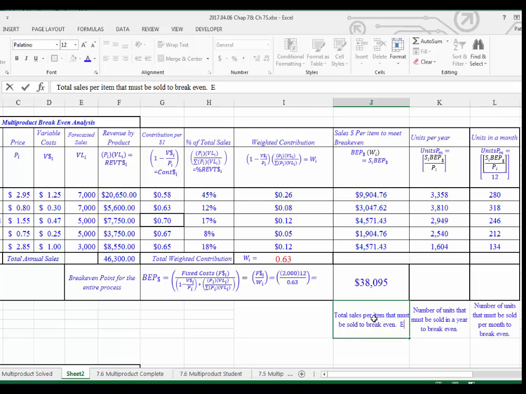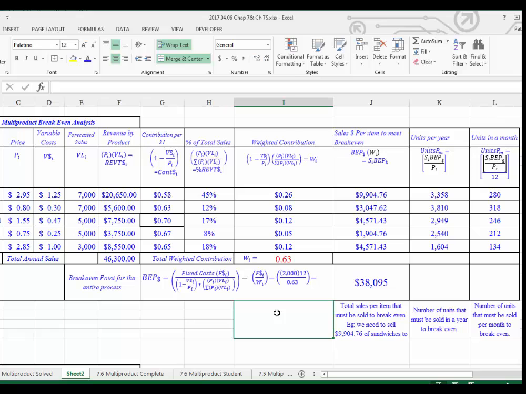So, example, we need to sell $9,904.76 in sales of sandwiches. Right here is the weighted contribution in a $1 per dollar item.